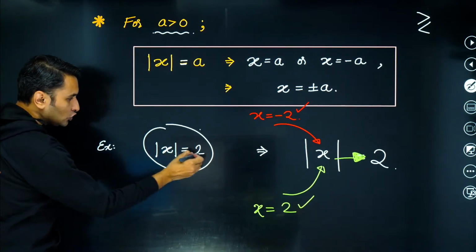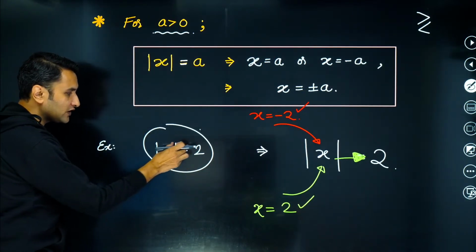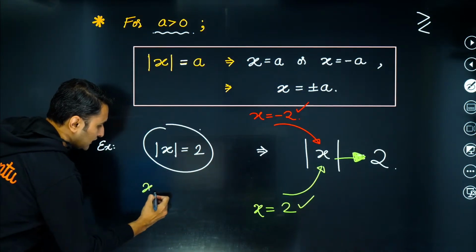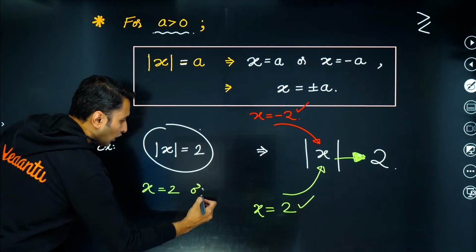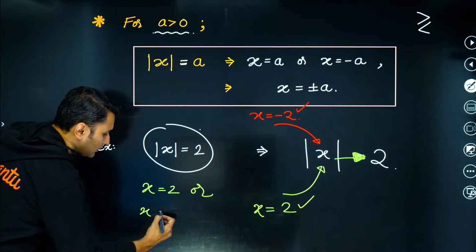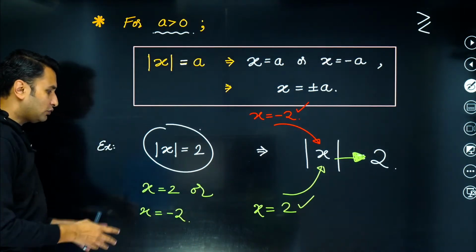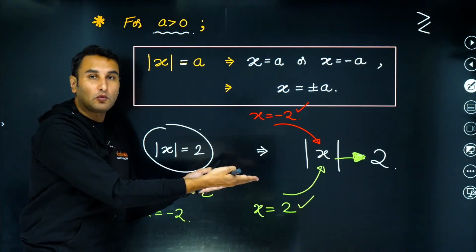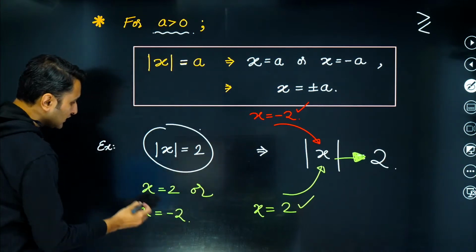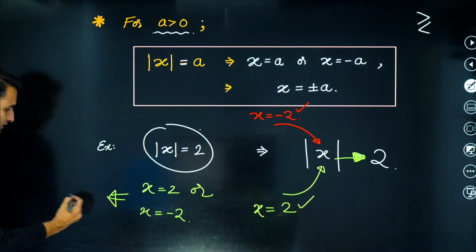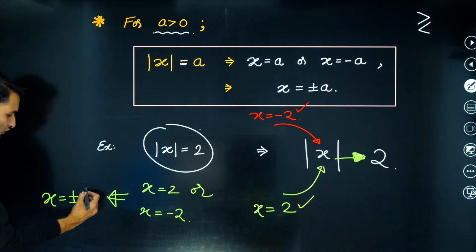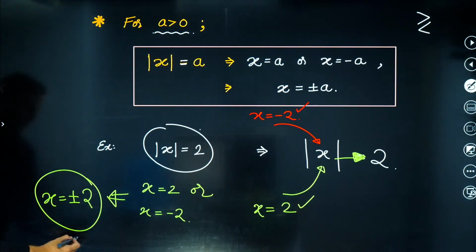For modulus of x equal to 2, the input could either be 2 or minus 2. Both will give the output 2 through the modulus function. Hence, in short, x is equal to plus or minus 2.